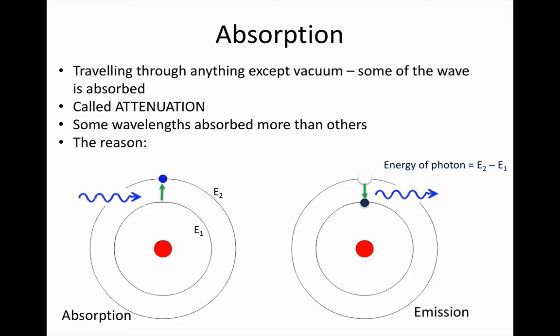Then, if it jumps from level 2 down to level 1, it has to lose a packet of energy. Those packets of energy are shown as the wiggly lines in the diagram, and they represent photons of light. I'm using the term light loosely here. It really could be any electromagnetic wave.